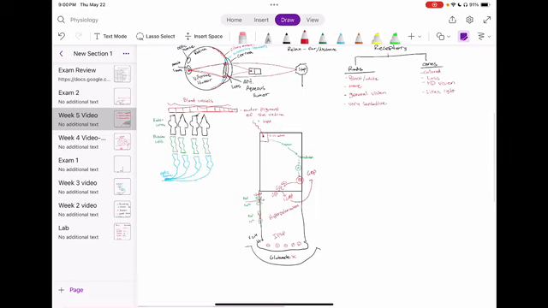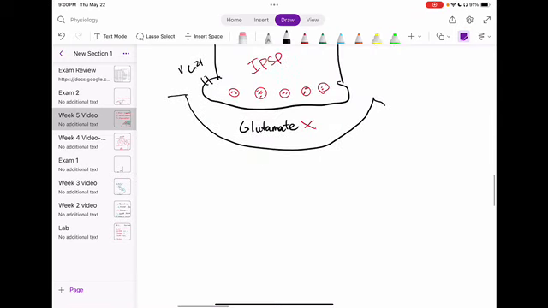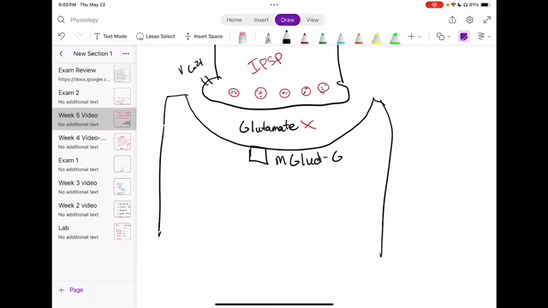But what the effect is on this other cell, we have a receptor here called mGluR6. There's a receptor right here for glutamate.